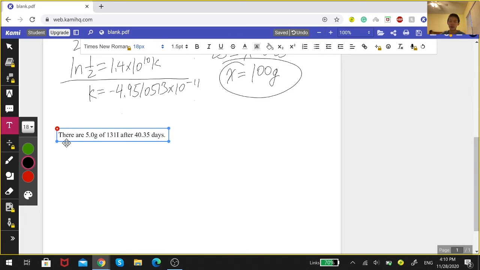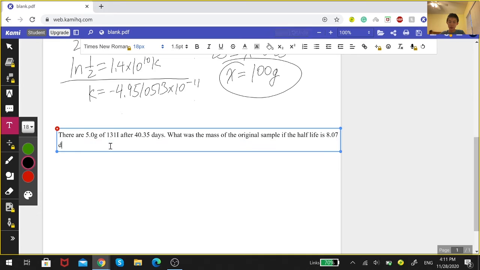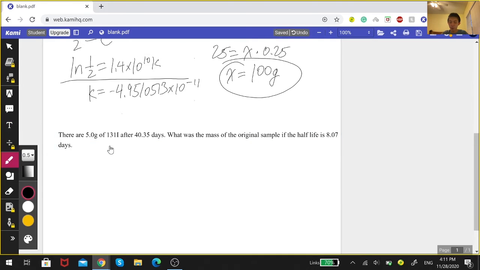Remember in the previous video we said A over Z, and instead of writing Z, we didn't need to write it because we should know what Z is, which is 53, since Z is the atomic number. But that's not really important. So what was the mass of the original sample if the half-life is 8.07 days?